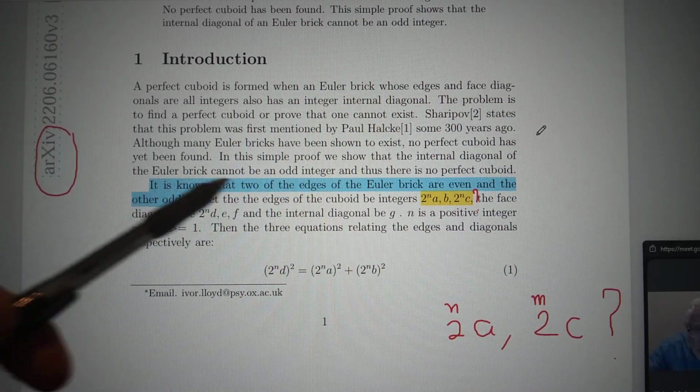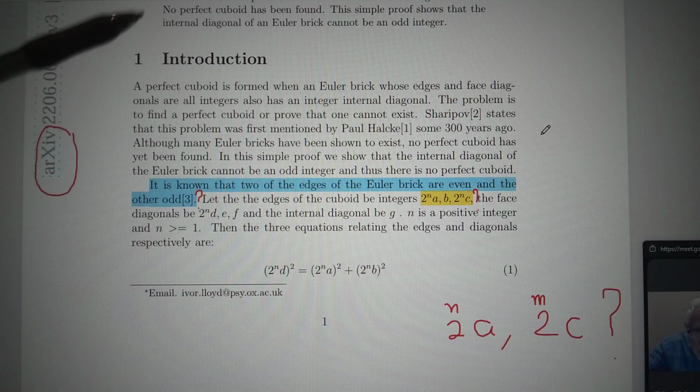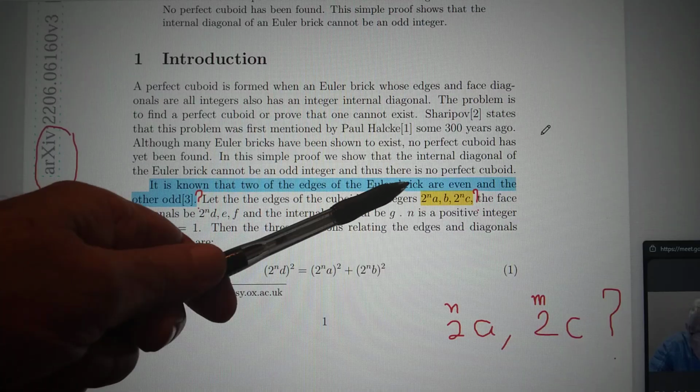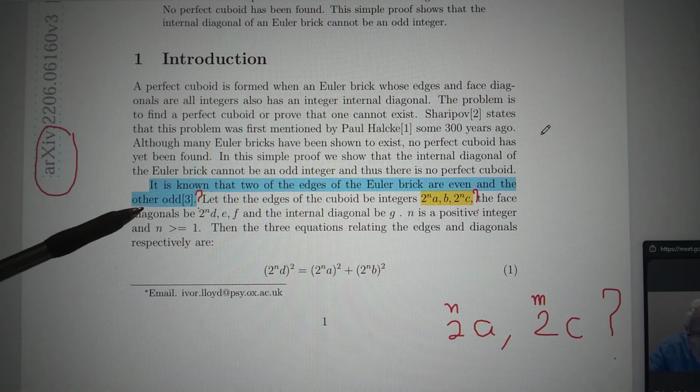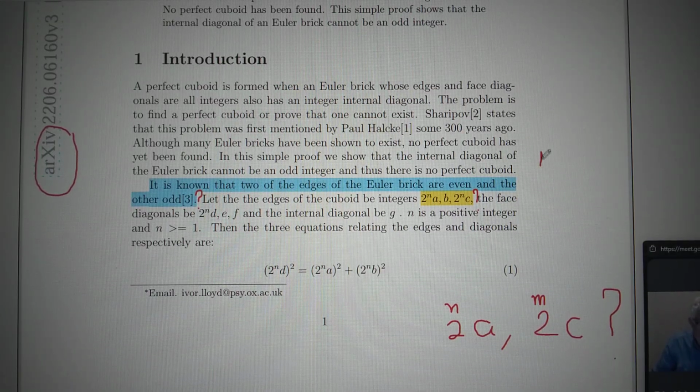What edges are they talking about? Length, width, and height? Telling two of them even and the third is odd? No. This is a big mistake, number one. This is mistake number one.